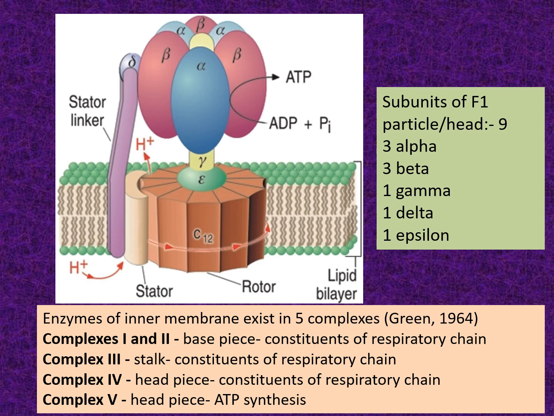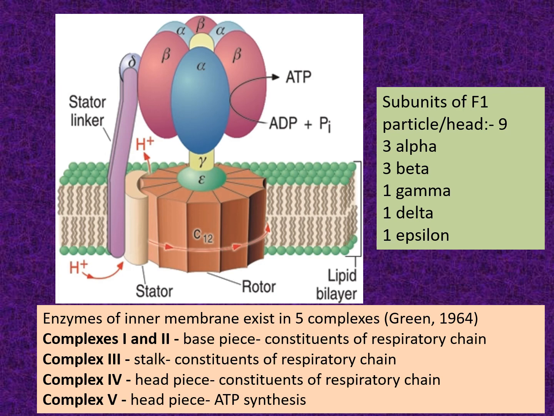You can see 3 alpha, 3 beta, then 1 gamma, 1 epsilon, and 1 delta. So these 9 subunits constitute the F1 particle or the head. So this is how it is arranged. And here you can see the base is embedded in the lipid bilayer, and you can see the stalk.